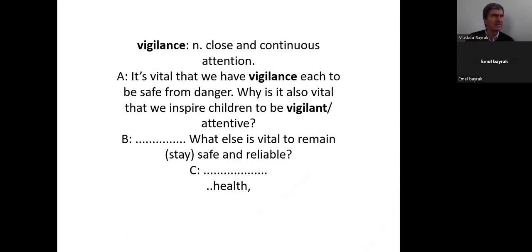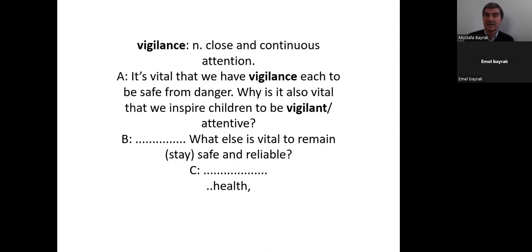Vigilance. Vigilance, yes. Close and continuous attention. Strong attention. It's vital that we have vigilance to be safe from danger, of course. Why is it also vital that we inspire children to be vigilant or attentive?